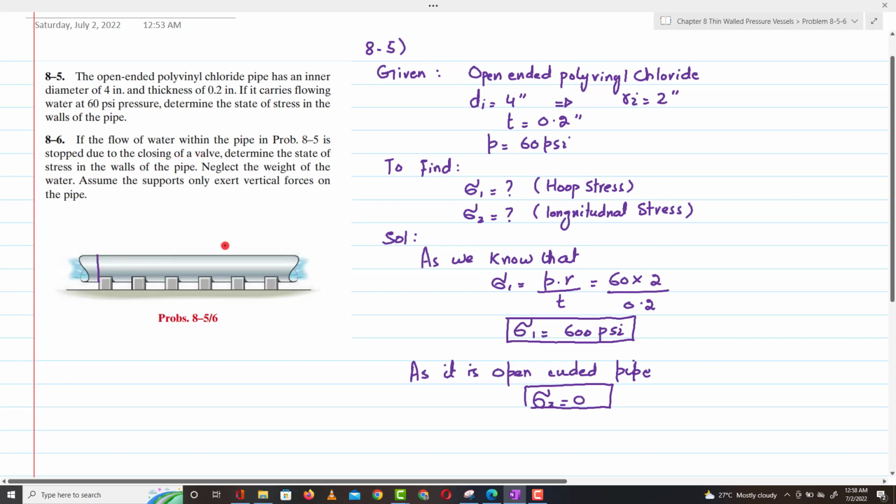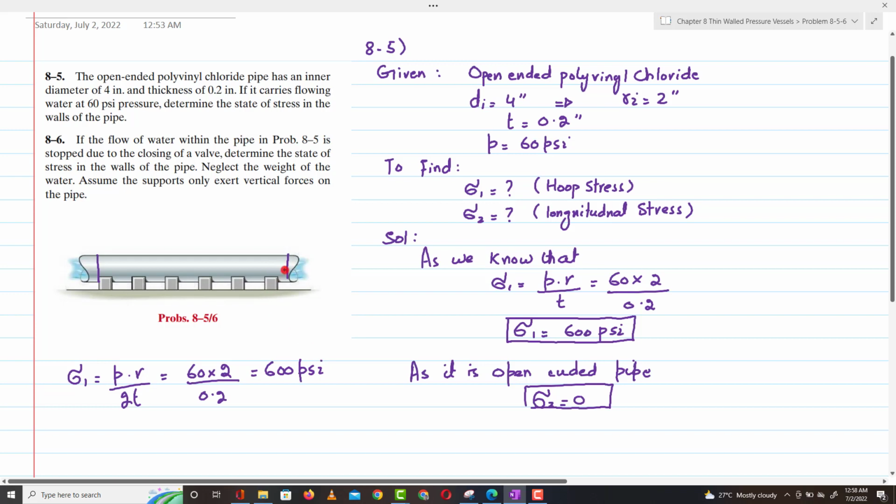So if the flow of water is closed due to valve, determine the state of stress in the wall of pipe, neglect the weight of water, assume the supports only exert vertical forces on the pipe. So in that case you will have the hoop stress sigma 1, which will be equal to P into R divided by T, that is 60 into 2 divided by 0.2, and that is equal to 600 psi.